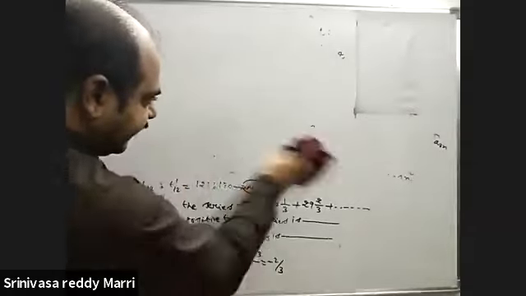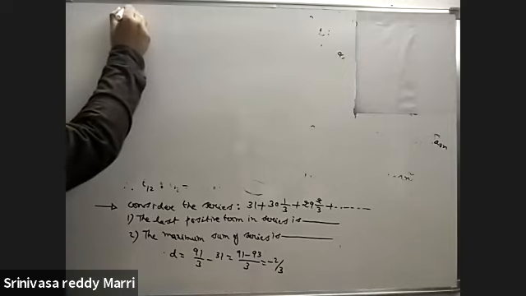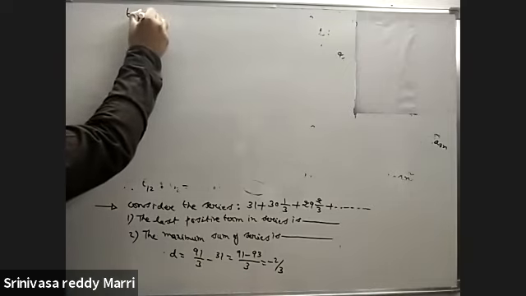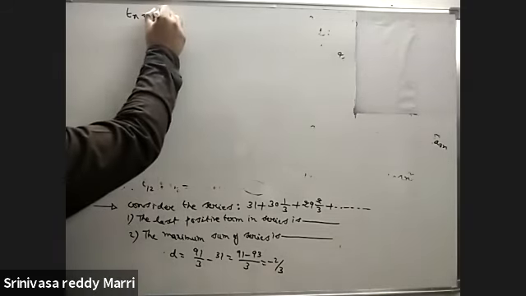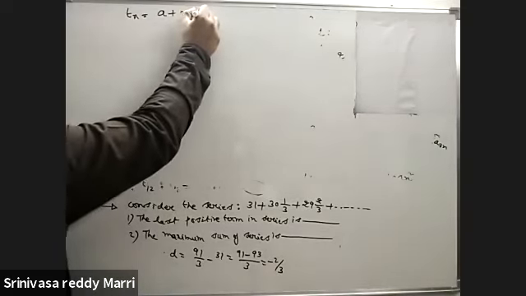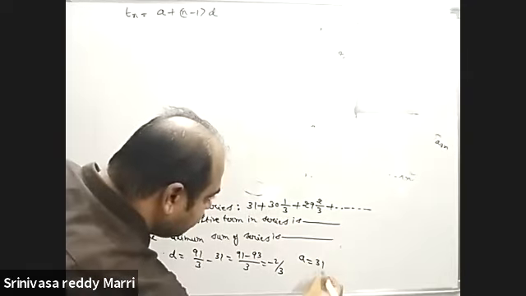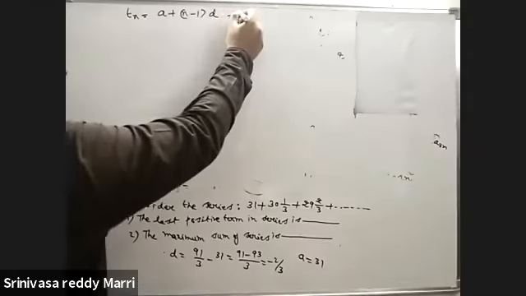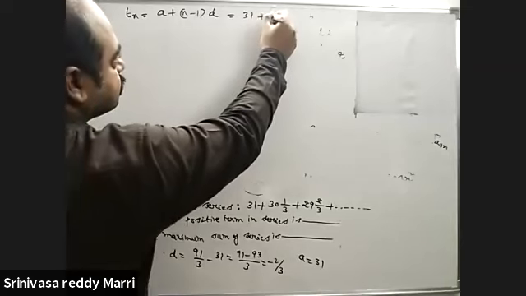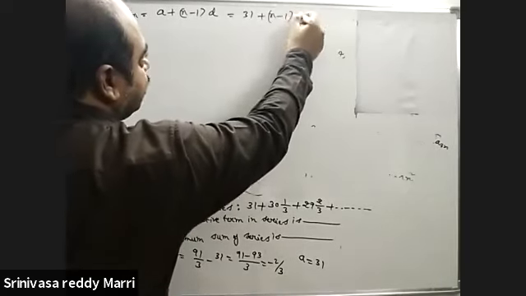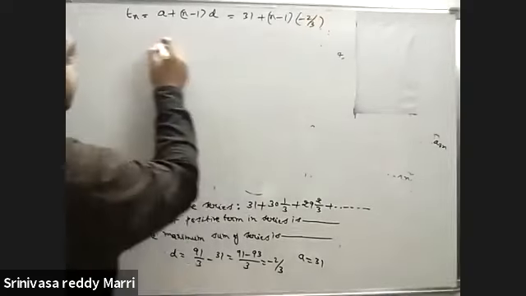That means we will write the nth term of the series first. The nth term is nothing but a plus (n minus 1) into d. a is nothing but 31. So the nth term is 31 plus (n minus 1) into (minus 2 by 3).